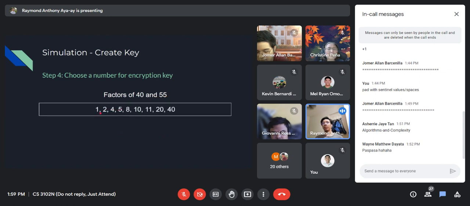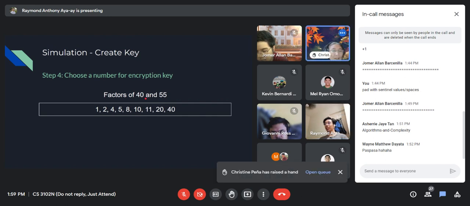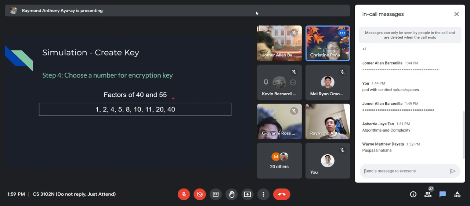So these are the respective numbers that are factors of 40 and 55, which is our P and Q also, which is 5 and... Are these common factors of 40 and 55? How about 11? Is 11 not a factor of 40? It's not a common factor of 40, but it's still a factor of 55.